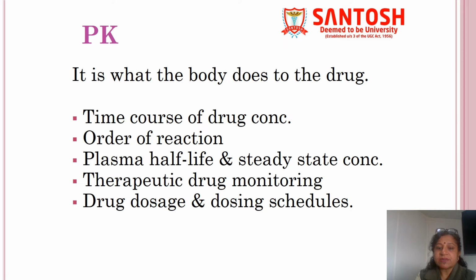Then the steady state concentration, as I mentioned, and then therapeutic drug monitoring. Therapeutic drug monitoring means we maintain a particular steady state concentration of the drug in the blood so that it can achieve its target and produce its therapeutic effect. When any drug produces a therapeutic effect, at the same time it also has certain adverse drug reactions, so there is a marginal window for each and every drug: a safer level, then the therapeutic level, and after that a toxic level.